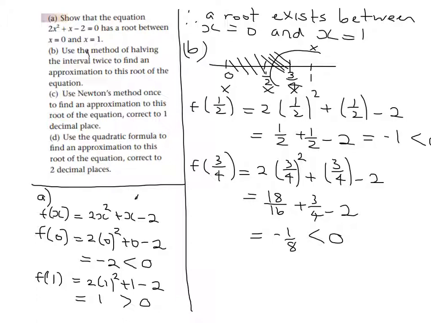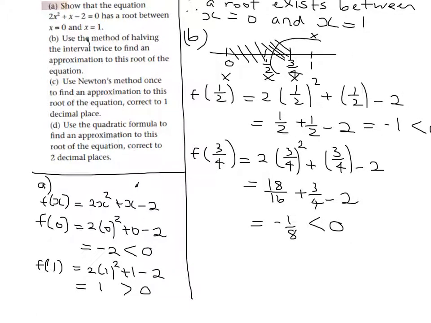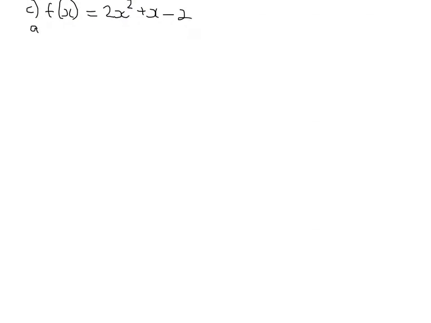Well, f of 1 equals 1, and f of 3/4 is minus an eighth. Now, minus an eighth is closer to the axis than 1 is. So that's going to inform my choice. I'm going to take 3/4 as my A value. So the A we're taking is 3/4.